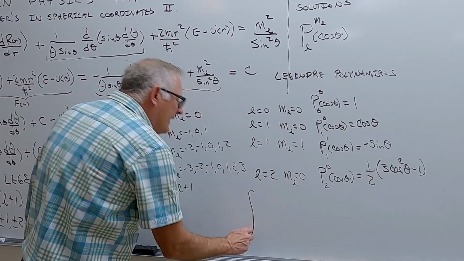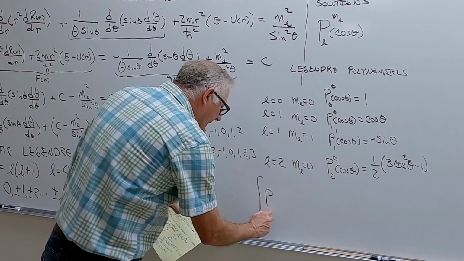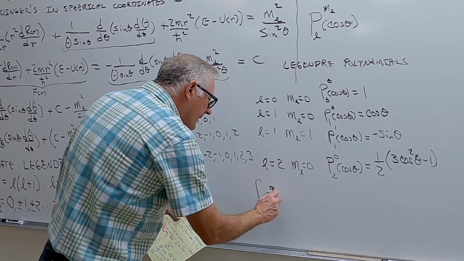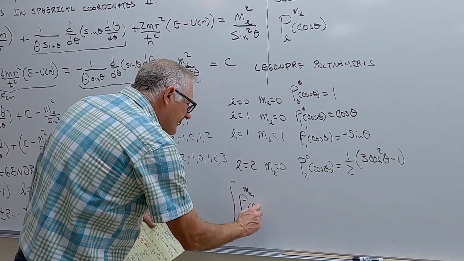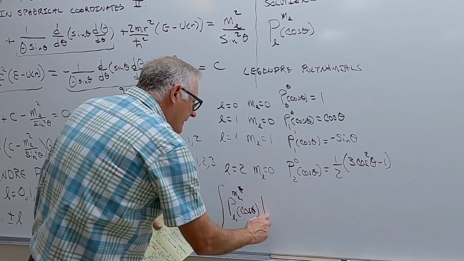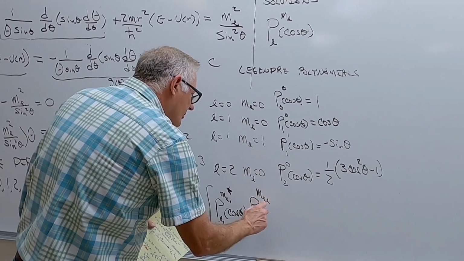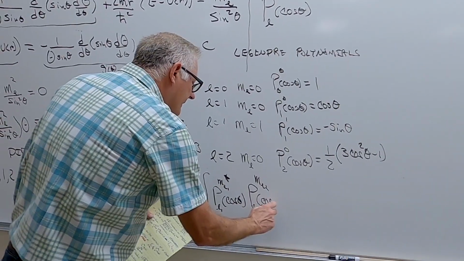That is, if I were to integrate this for two different ones, say P sub L1, m sub L1 of cosine theta, star, P sub L2, m sub L2 of cosine theta.